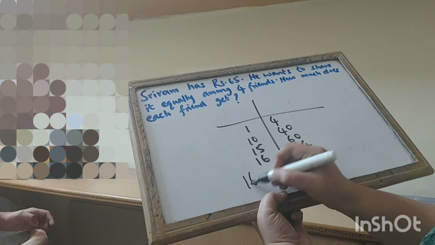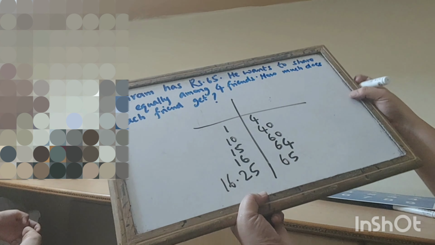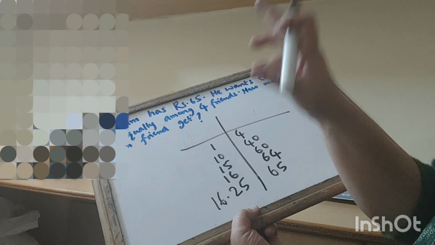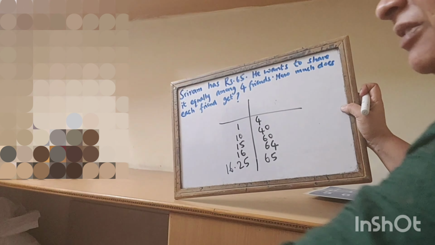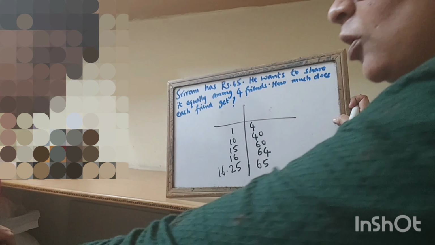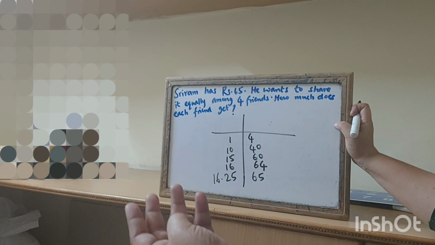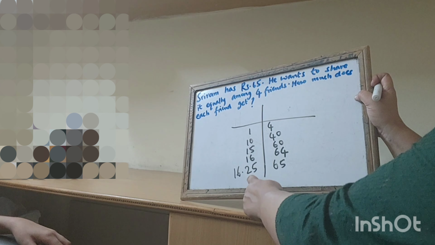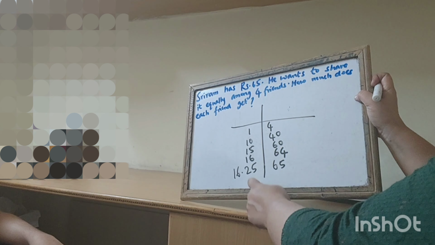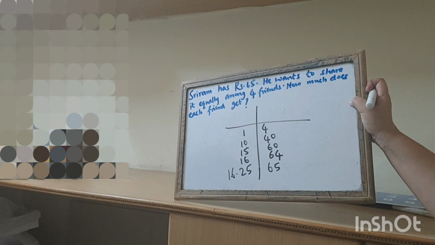So now if I give 16 rupees 25 paise per friend, I will use up all my 65 rupees. Remember how we wrote 1 by 4 when we were talking about biscuits, but here we wrote a decimal, 0.25, because we don't say 1 by 4 when we talk about currency. We say 0.25, 0.50, 0.75. So this is a decimal. So when we are dividing money, we can go into decimals. Okay. So this is how the remainder gets divided among 4 friends.